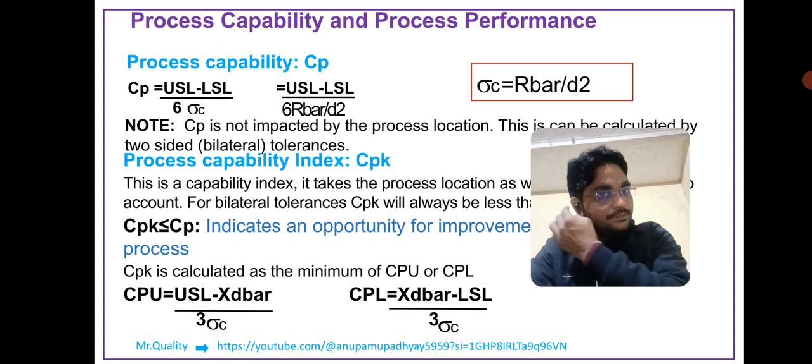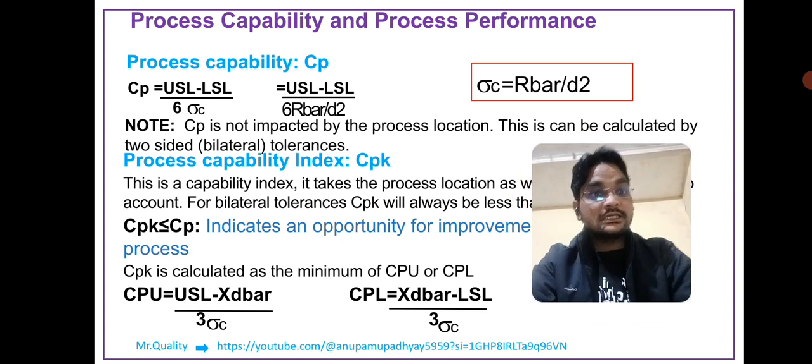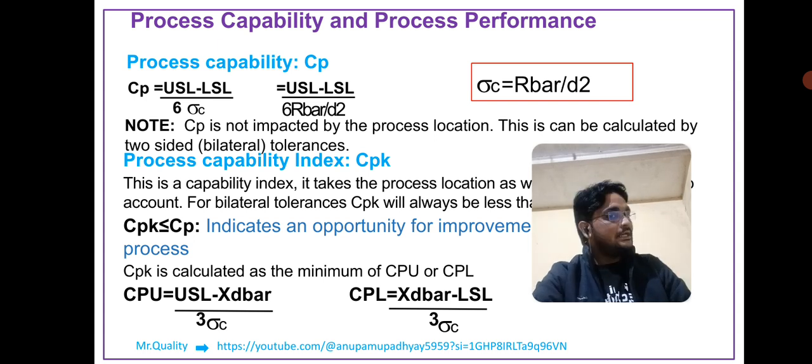Note, Cp is not impacted by process location. This formula is for two-sided bilateral tolerances.